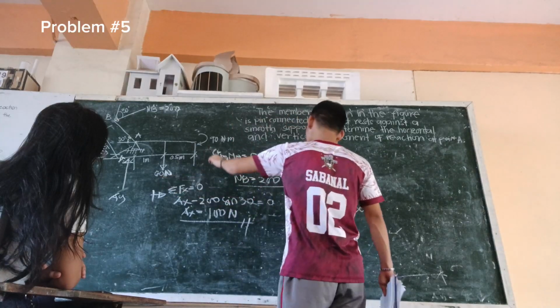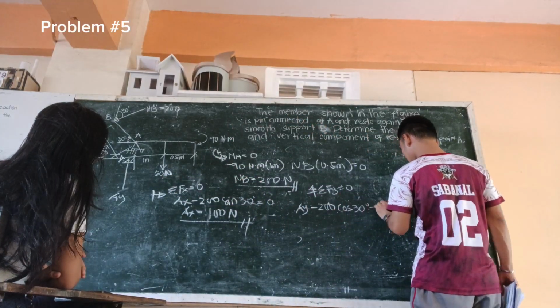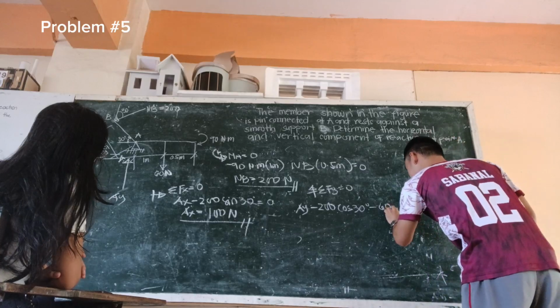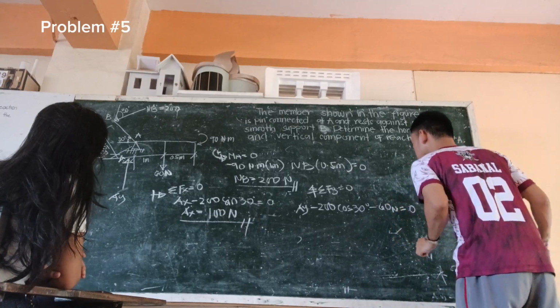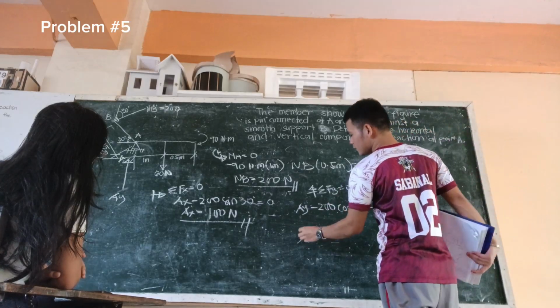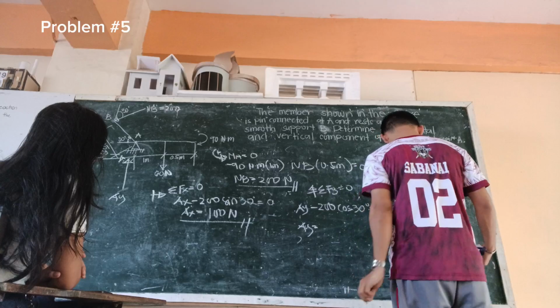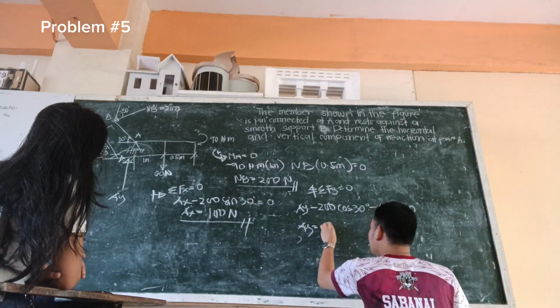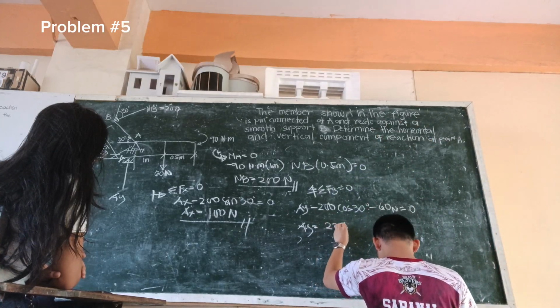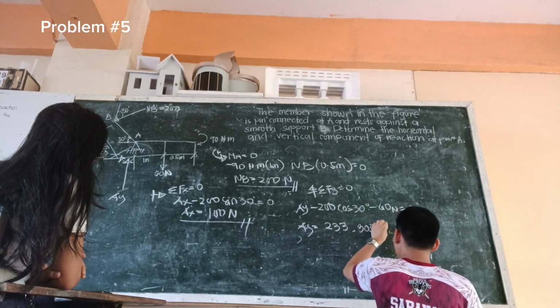It's minus since it's going downward. So minus 60 newtons is equal to 0. If we solve this, we will have the answer of AY equal to 233.305 newtons.